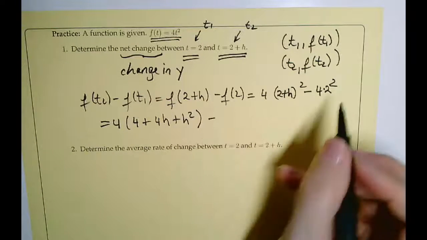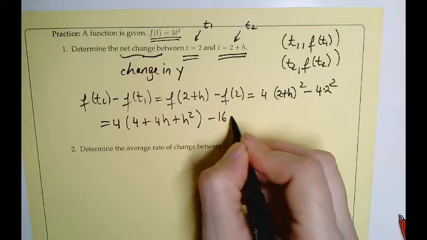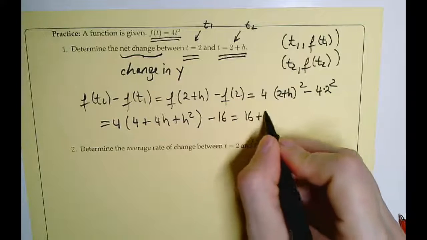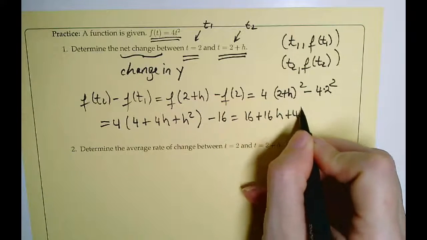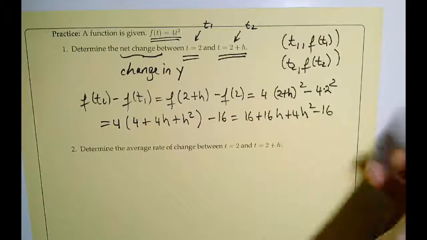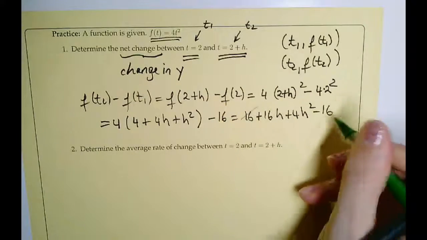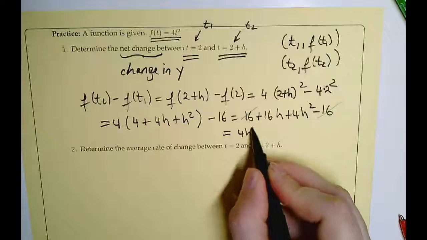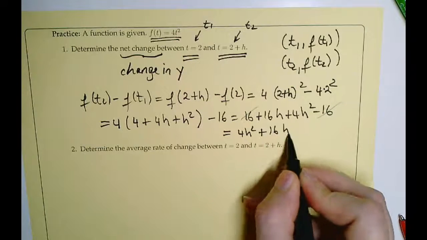And then minus 4 times 4 is 16. So then I'll get 4 times 4 is 16 plus 16h plus 4h squared minus 16. The 16 goes away, so the net change will be 4h squared plus 16h.